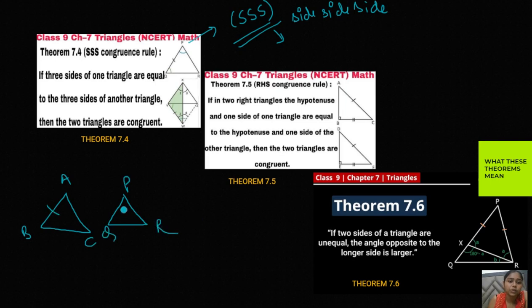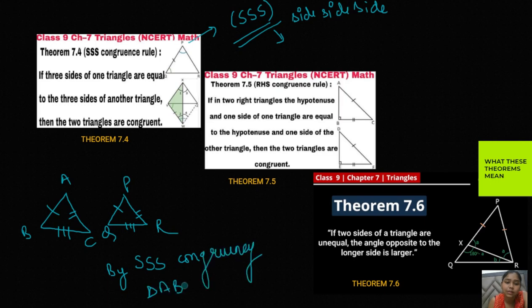If AB is equal to PQ, AC is equal to PR and BC is equal to QR, then by SSS congruency rule, triangle ABC will be congruent to triangle PQR. This is theorem number 7.4.